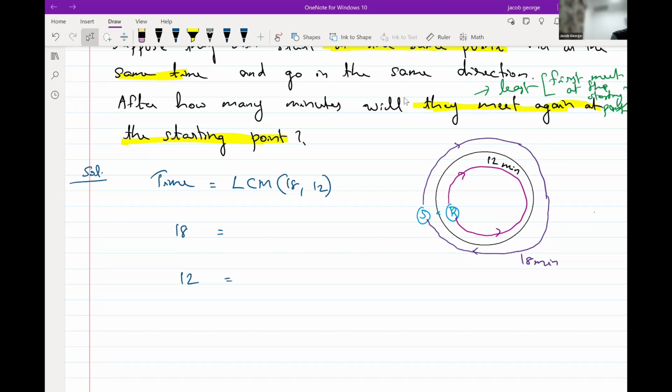Those who finished, you can send the answer on the chat box. Attendance in between.